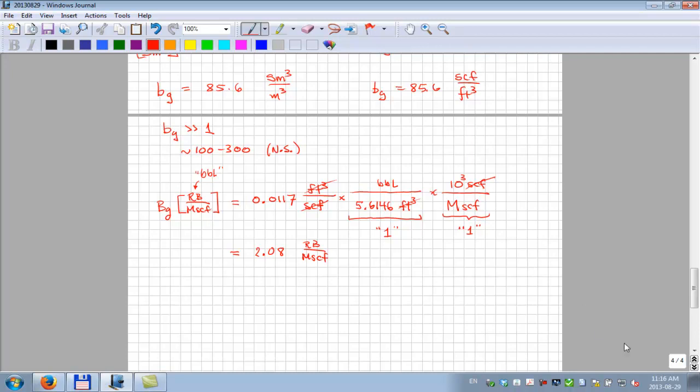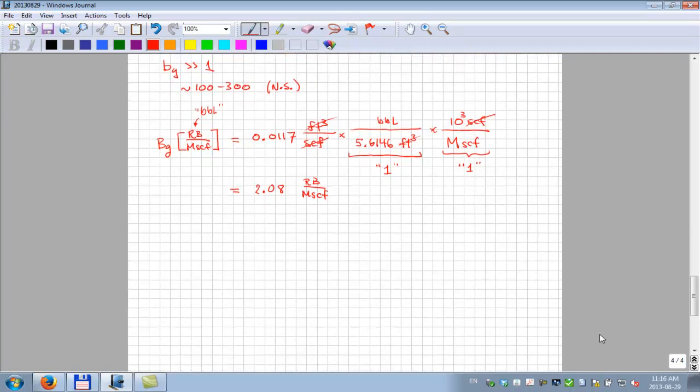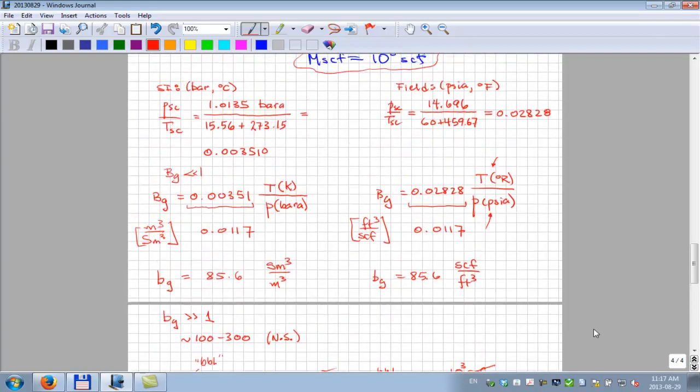So we're trying to extract as much as we can for the sake of engineering applications from the ideal gas law, and this formulation of the approximate gas formation volume factor does allow us to do something useful.